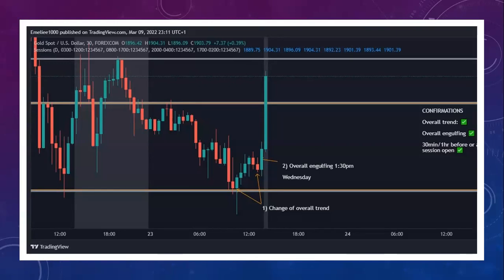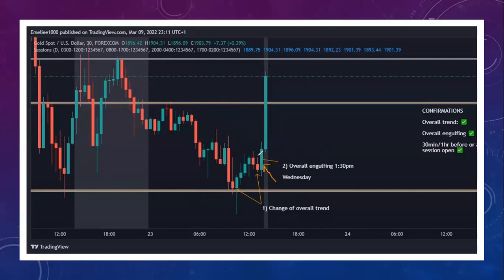So what do I mean by overall engulfing candle? Although it seems as if we're in a downtrend, looking from the higher time frames, we were in an uptrend. So now what is the overall engulfing candle? This candle.